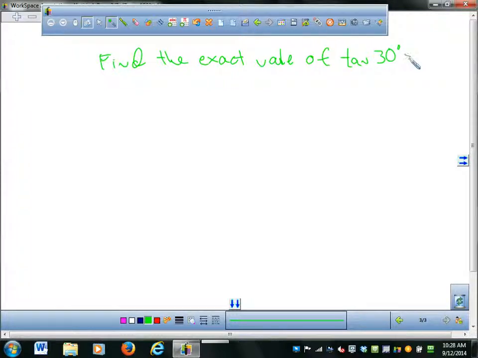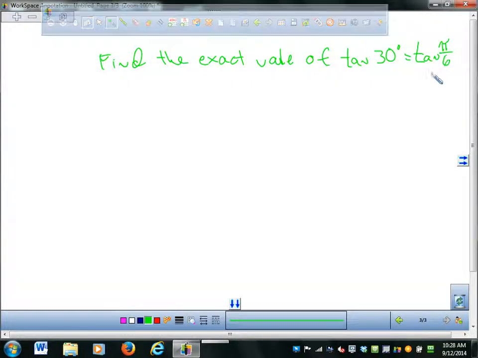What's tan of 30 equal to? How many radians? Pi over 6. Anyone know offhand what the tangent of 30 is? Very good. Okay. That's equal to root of 3 over 3.